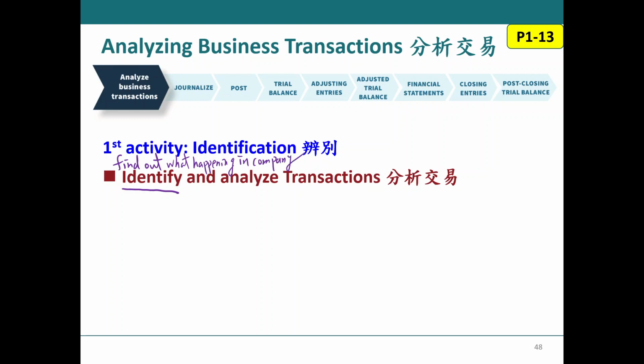When we try to find out what's happening in the company, at the same time we need to analyze transactions. So what does it mean, analyze? What we did last hour is analyze. We need to know, for this kind of transaction, for this kind of situation, what's the reason? What's the result? So analyze transaction means find out the reason and result.